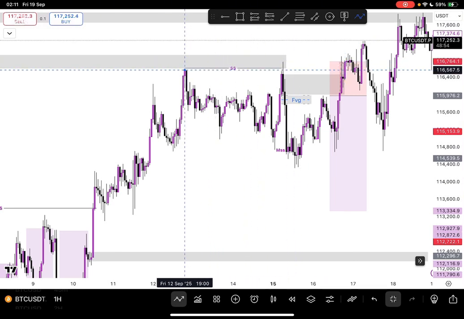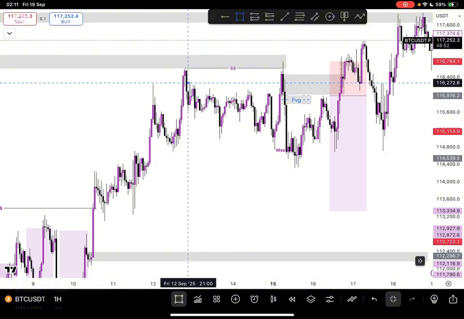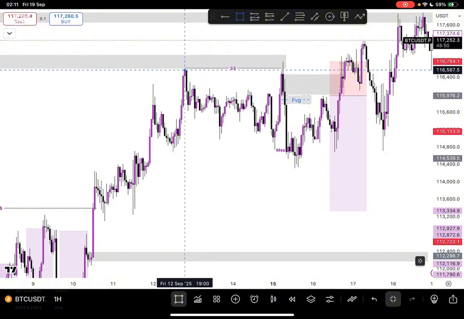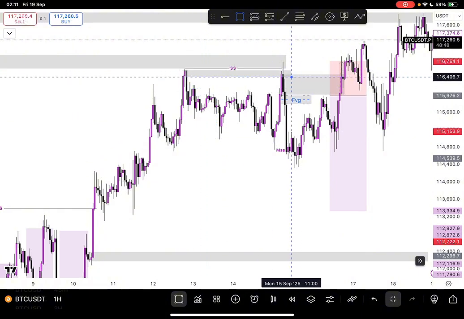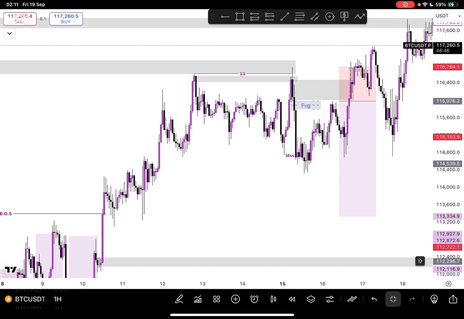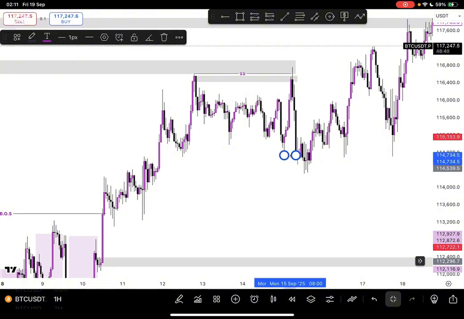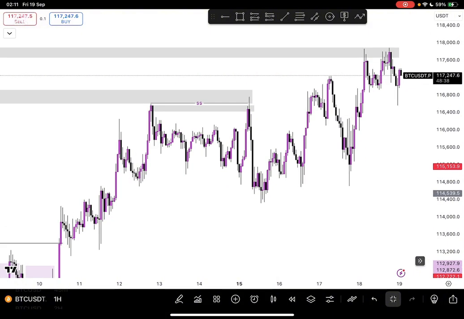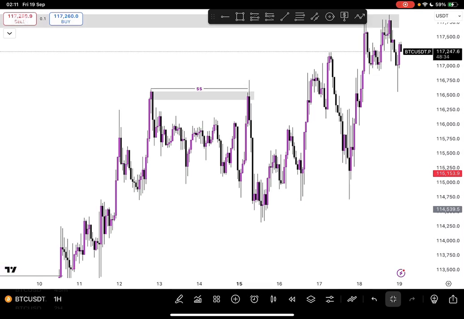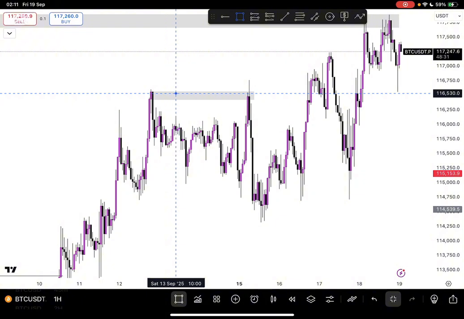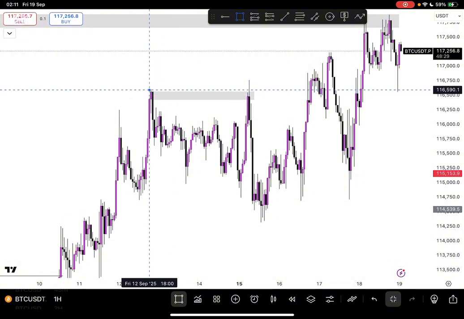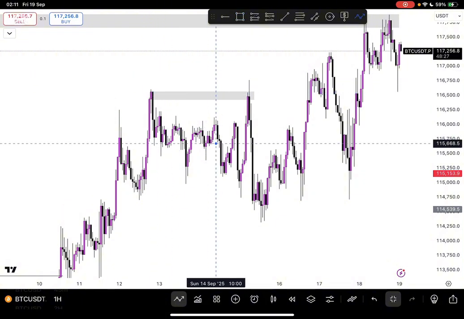Now let me mark it out. This point here, let me clear the chart so that you guys will see clearly. I saw that people were taking sell from here, and market did not get to stop them out.